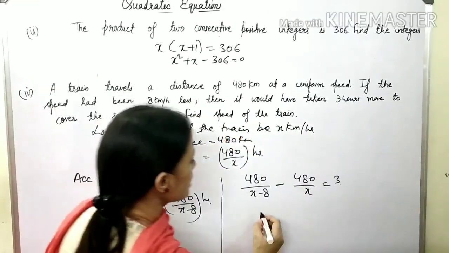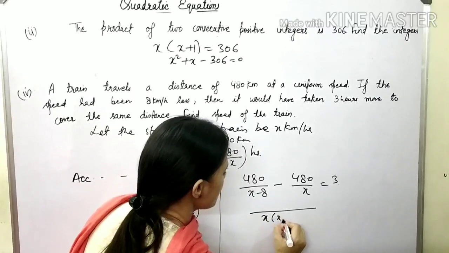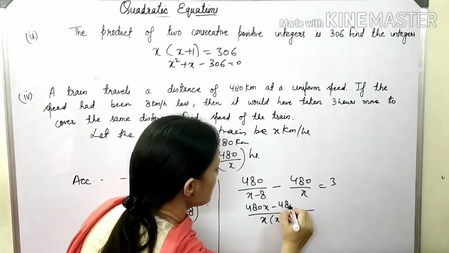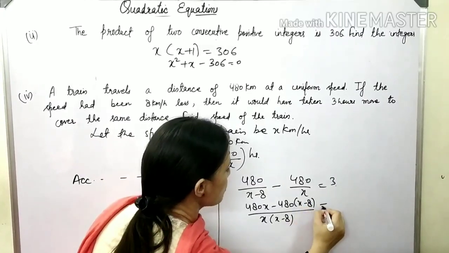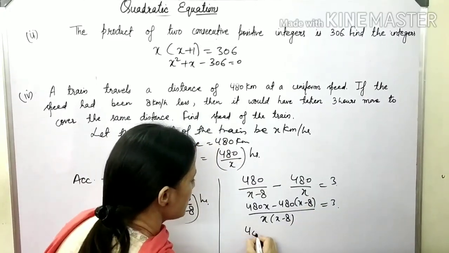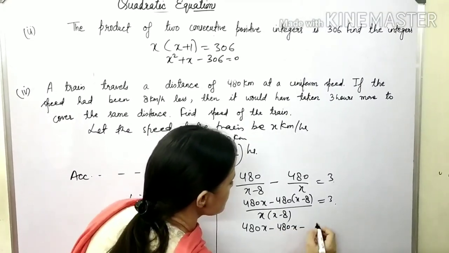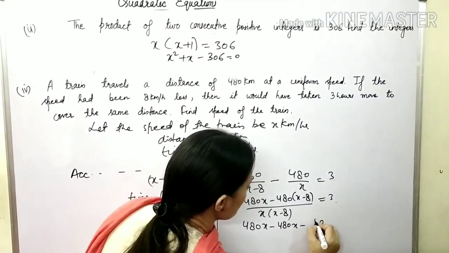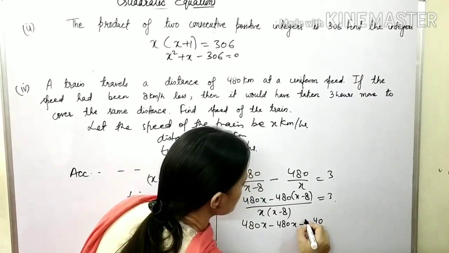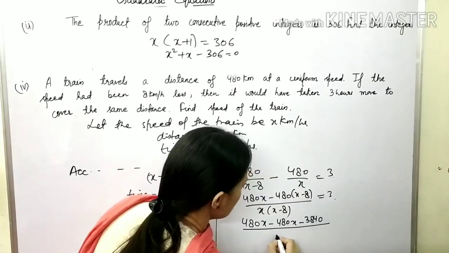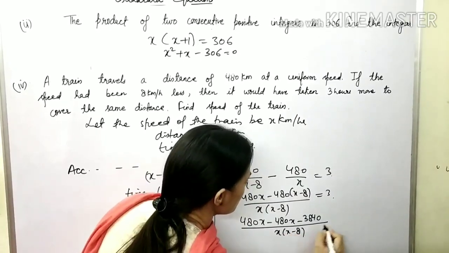Now you can just solve it. 480x minus 480 into x minus 8 upon x into x minus 8 equal to 3. 480x minus 480x plus 3840 upon x into x minus 8 equal to 3.